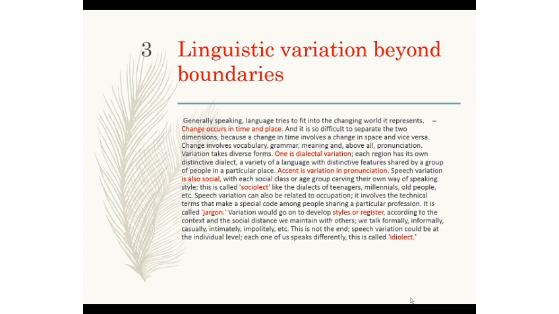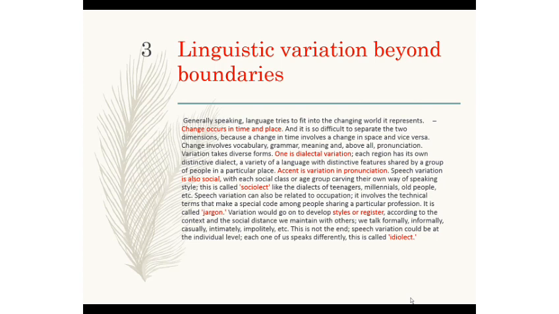Is this the end? No. Variation also can extend to the individual level, and each one of us has his own way of speaking. Certain words, certain structures, certain chunking of speech, things which are peculiar to his own way of speech. This is called idiolect.